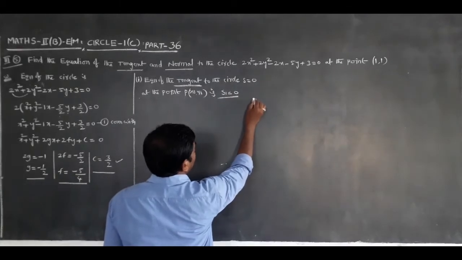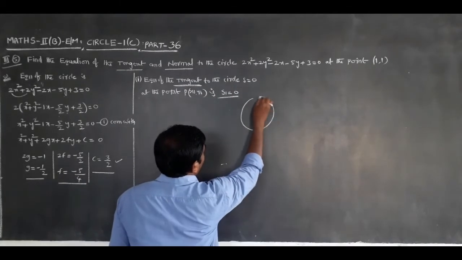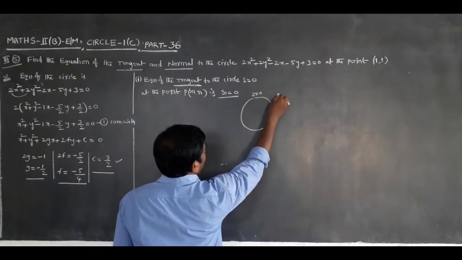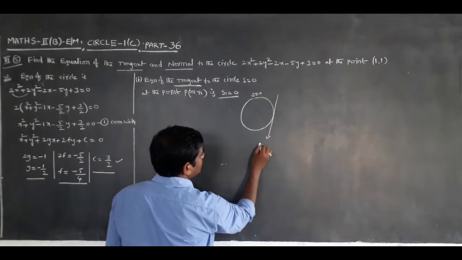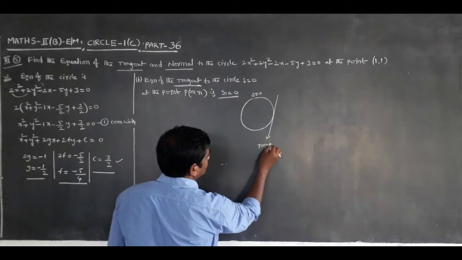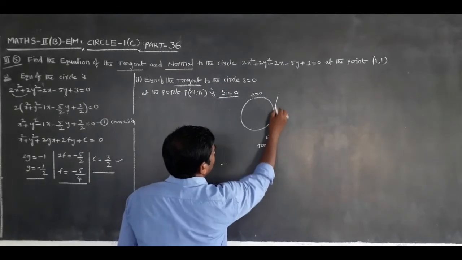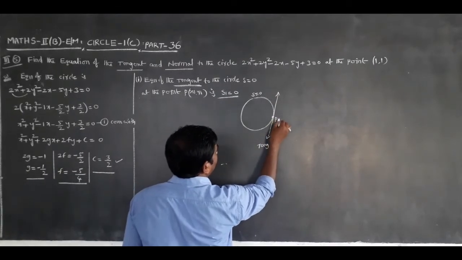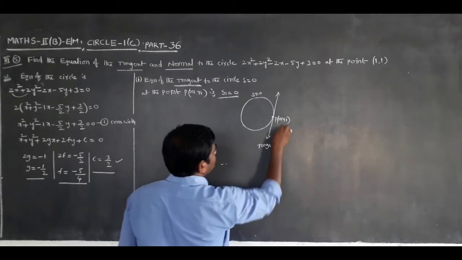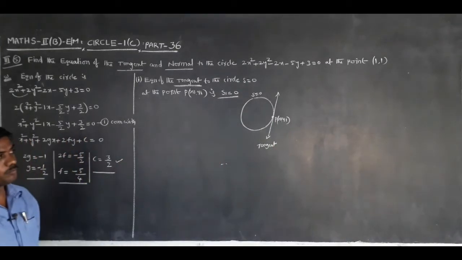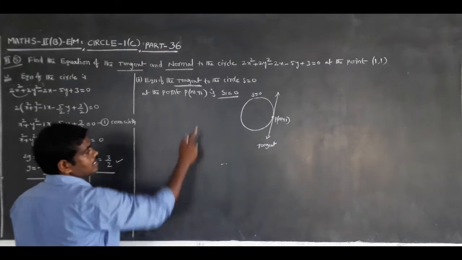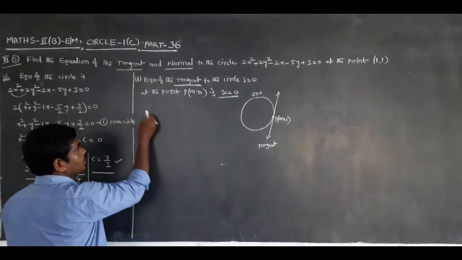This is the circle, S is equal to 0. This is the equation of the tangent to the circle S is equal to 0 at the point P of x1 y1, which is S1 is equal to 0.